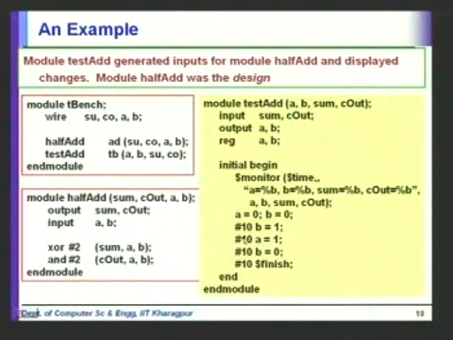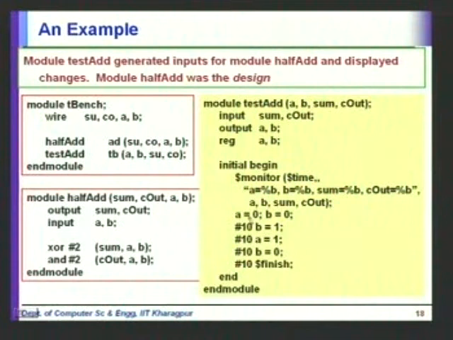Then after 10 units of time, you change B to 1. Then after 10 units of time, you change A to 1. So these are different test scenarios that you're doing. You first tested with A equal to 0, B equal to 0. Then you are testing with A equal to 0, B equal to 1. Then you are testing with A equal to 1, B equal to 1. Why?